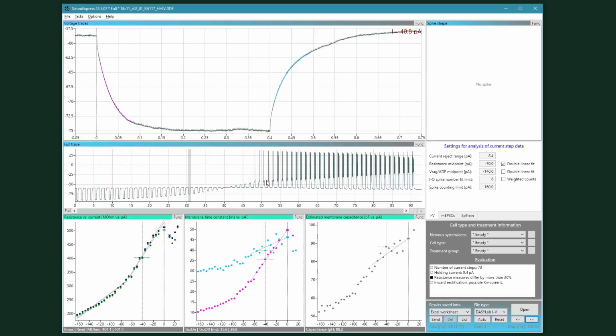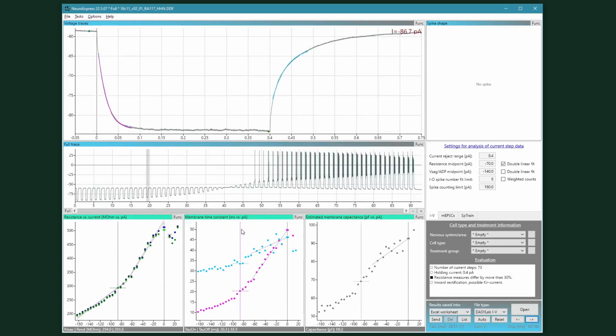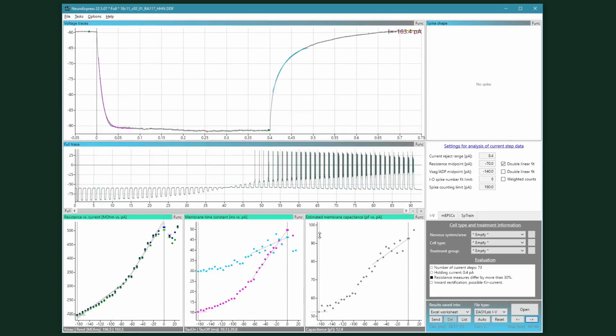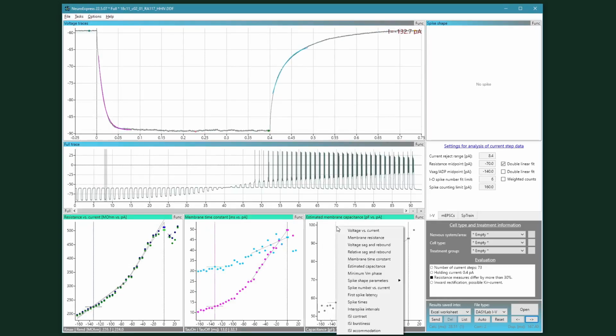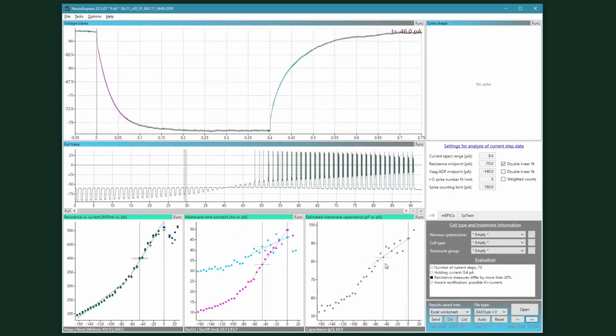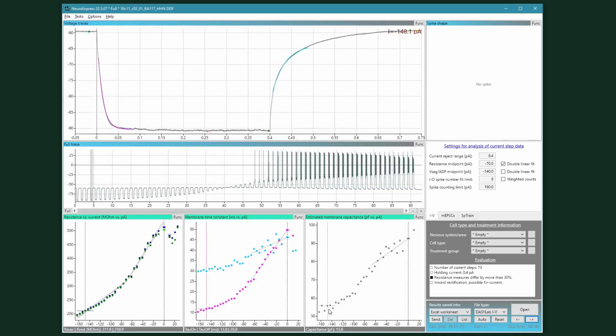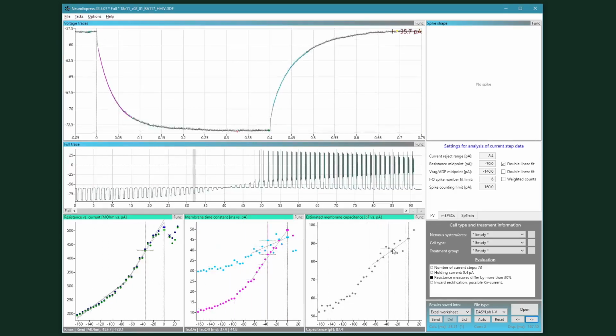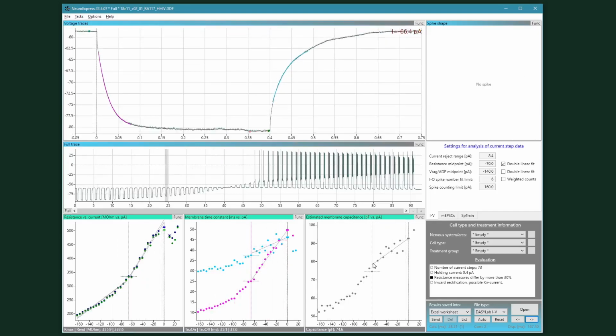Also, when we have the time constant and resistance calculated for the different voltage traces, then we can estimate the membrane capacitance from these responses, and we can bring up this parameter by clicking here, estimated capacitance. As you can see, the capacitance, unfortunately, is also a little bit dependent on the membrane current.